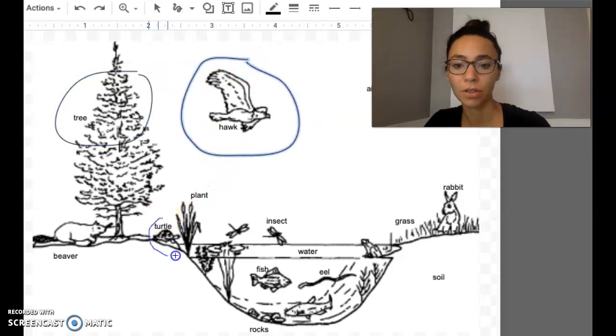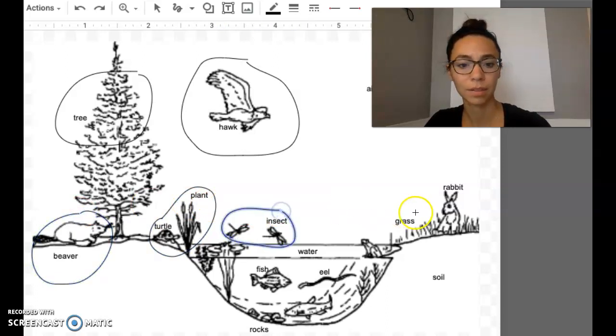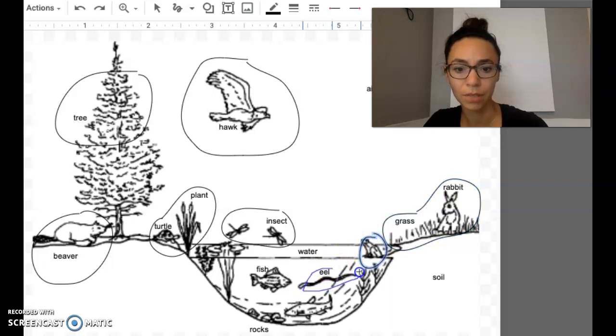The turtle and the plant are living things. This beaver is living. Insects are living. Grass, the rabbit, this little frog, the eel, the fish, all of these things are biotic parts of the ecosystem.